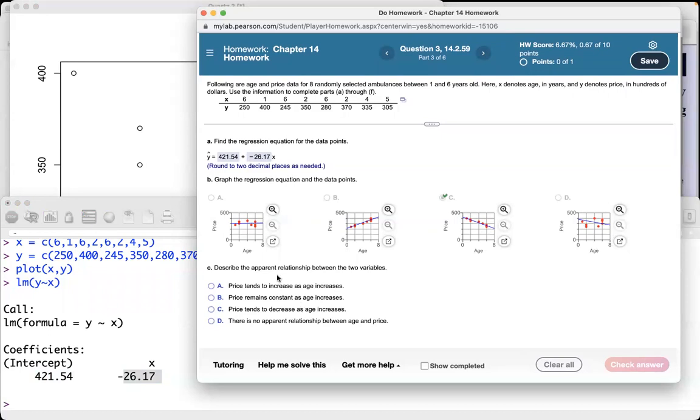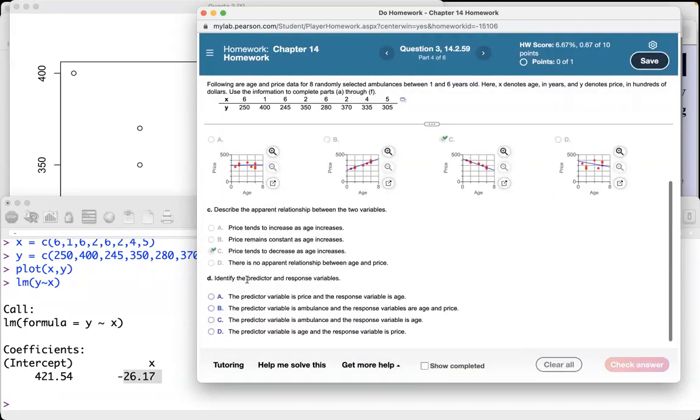And then here, as the age increases, the price decreases. So the price decreases as age increases. Fine. And then we need to identify a few things here: the predictor variable and the response variable.